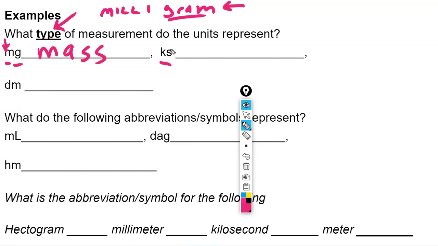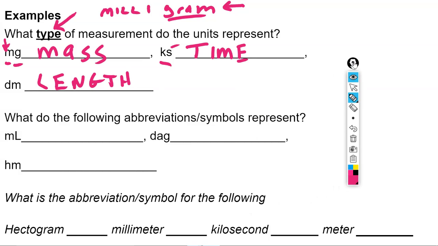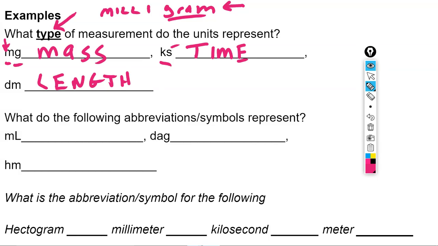KS stands for kiloseconds. What do we measure if we use a unit of seconds? We measure time. And finally, decimeter. It's not deca because it's not DA. Decimeter. Meters measure length. So that's the first type of problem that you'll have, what type of measurement.